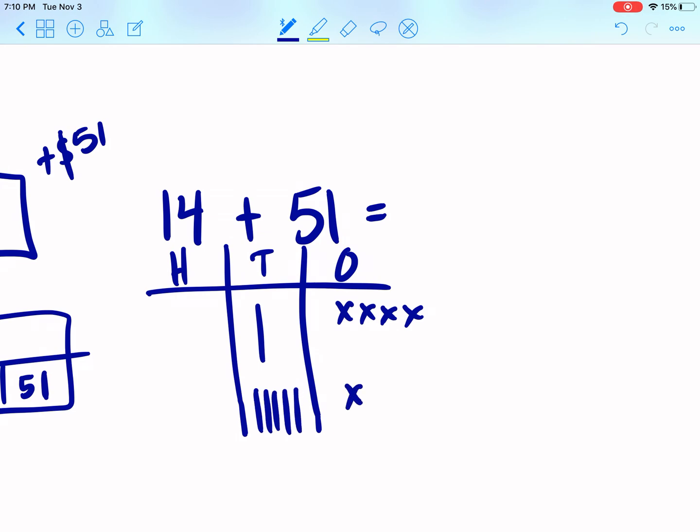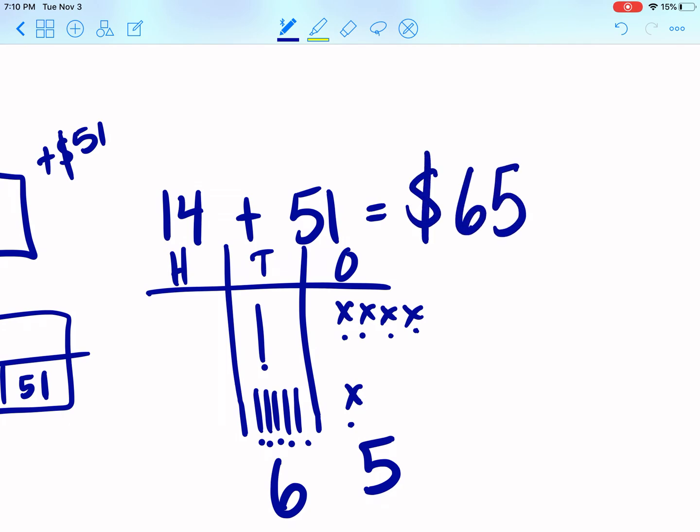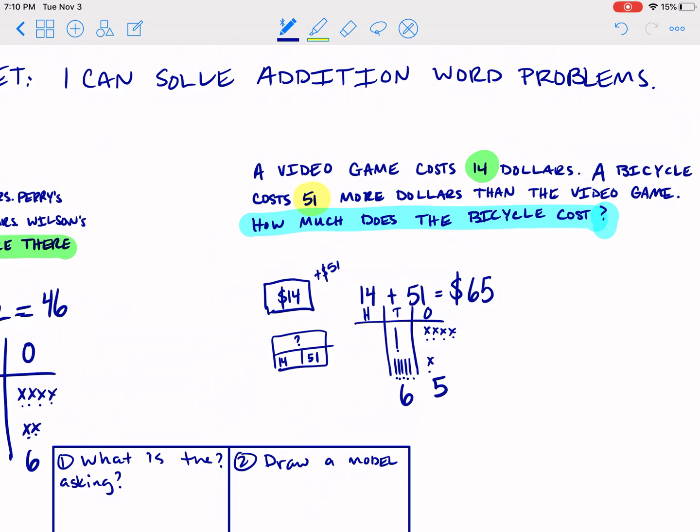All right. So 14 plus 51, 1, 2, 3, 4, 5 ones, and then 1, 2, 3, 4, 5, 6 tens. So the cost of the bicycle is what? Should be $65. So how much does the bicycle cost?